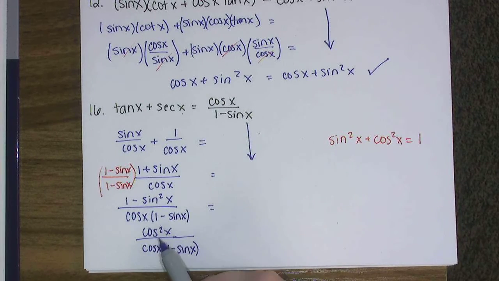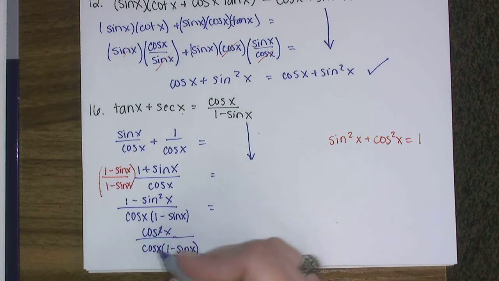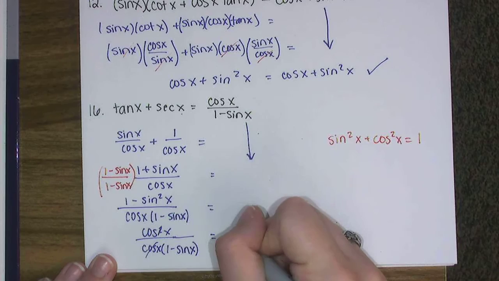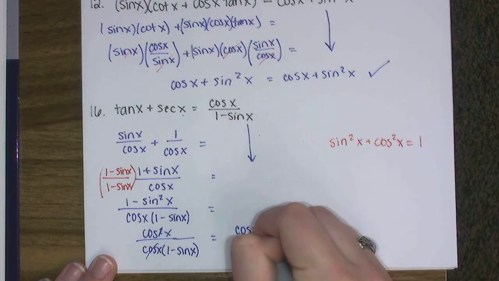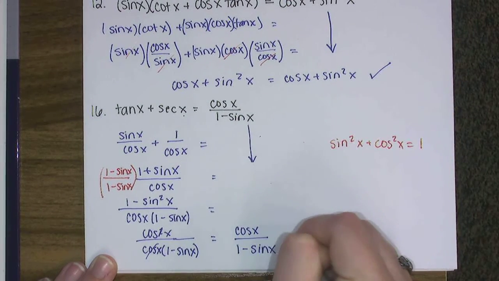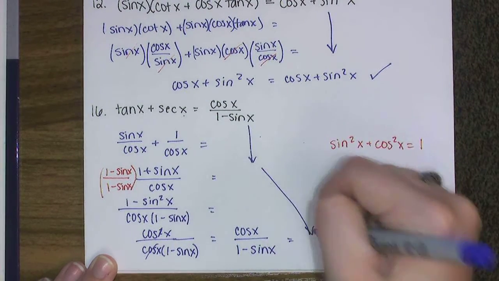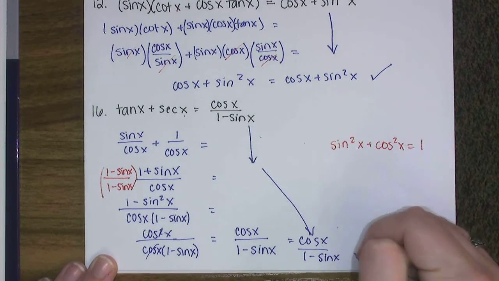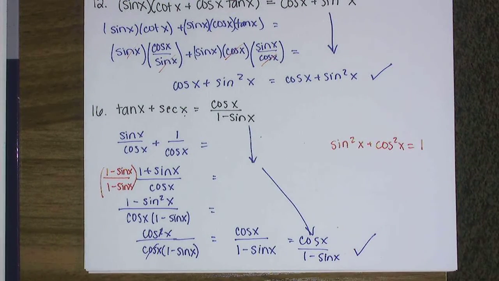Now, this is why I didn't want to go ahead and multiply the bottom through, in case you were wondering. This right here is why. The squared part goes away and the cosine goes away, leaving me with cosine of x over 1 minus sine of x, which is equal to what I brought down, cosine of x over 1 minus sine of x. And those end up being equal, so I've proven that it's true.